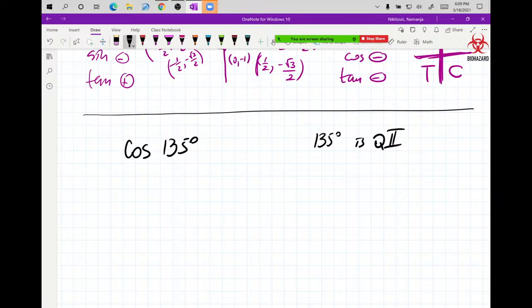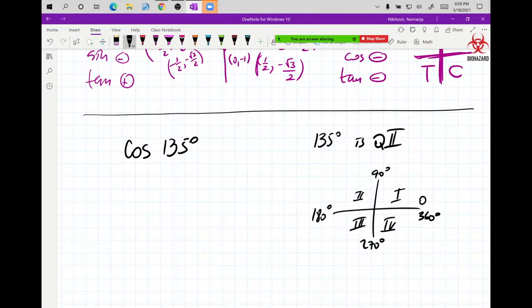Again, all of the angles from 90 to 180. If you think about your quadrants, 1, 2, 3, and 4: 0, 90, 180, 270, 360, which is back to 0. If I have 135, well, that fits in here. And that's in a second quadrant. So I know that 135 is in a second quadrant.